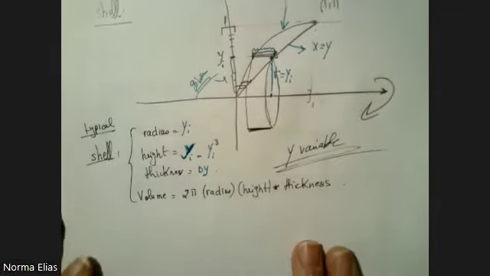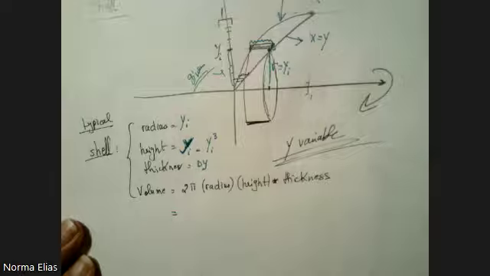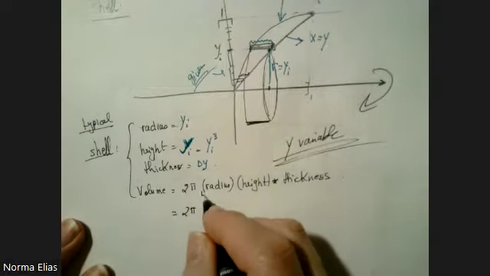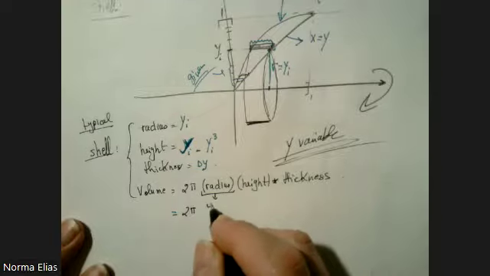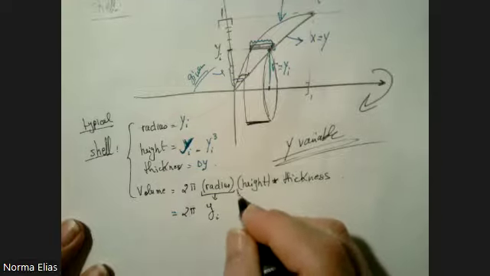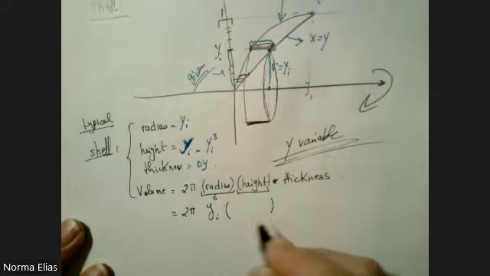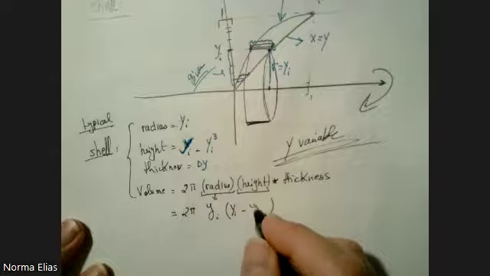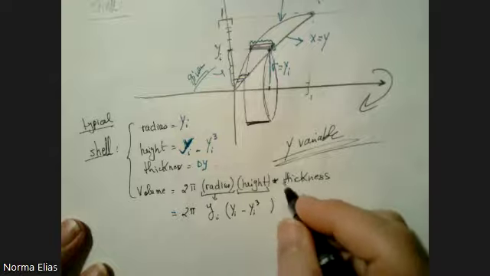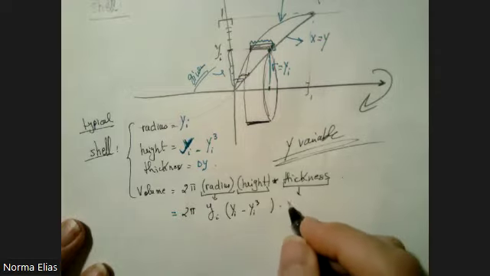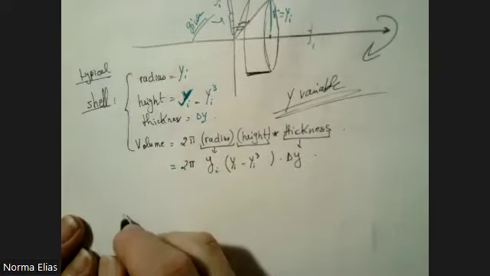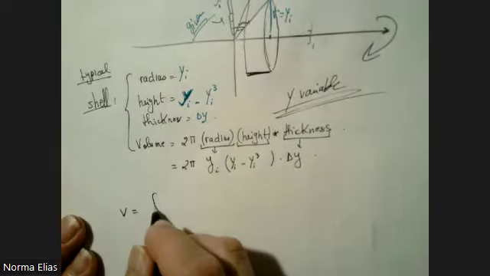So finally, what is the volume? The volume is 2 pi times the radius, which is y, times the height, which is y minus y cubed, and the thickness is delta y. So finally, the volume is the integral.